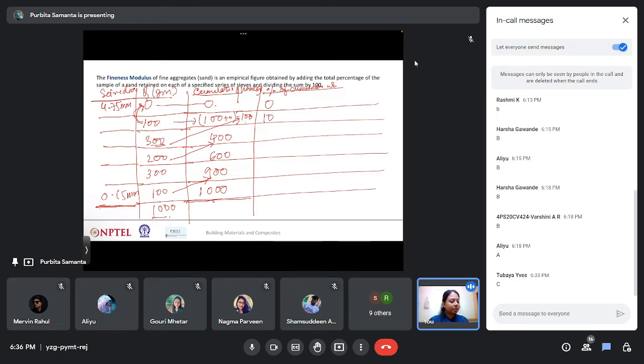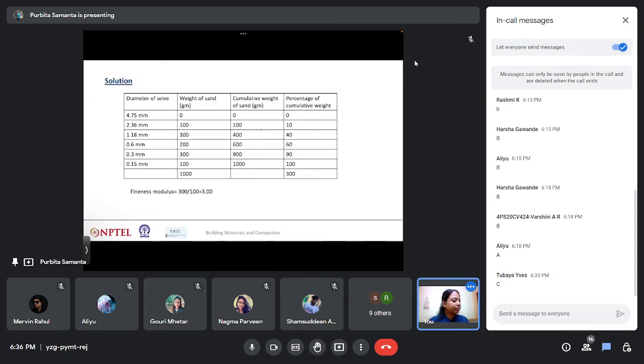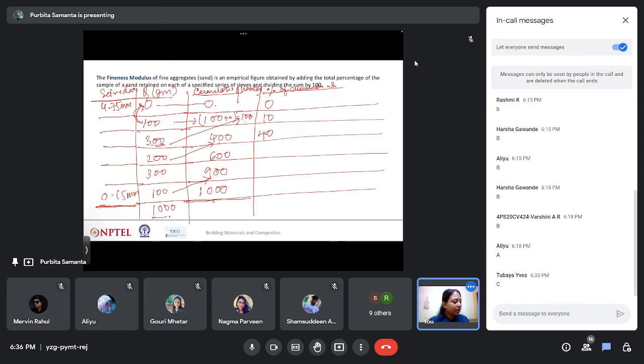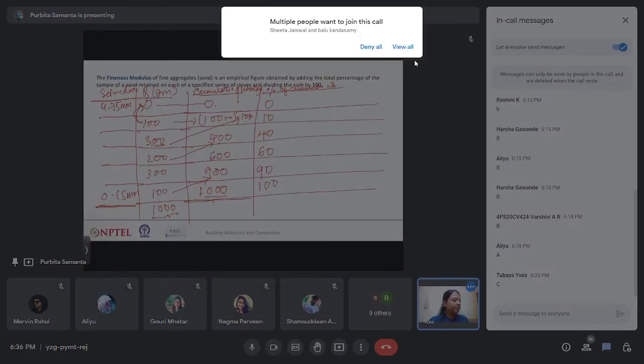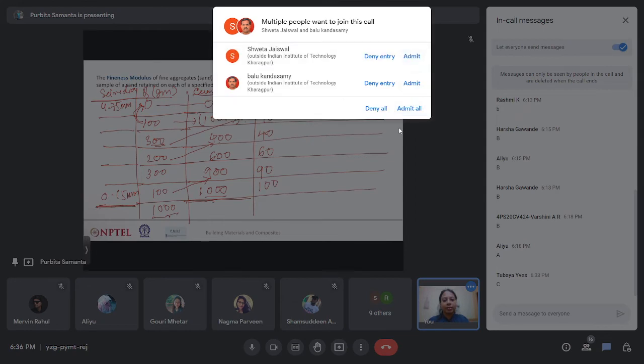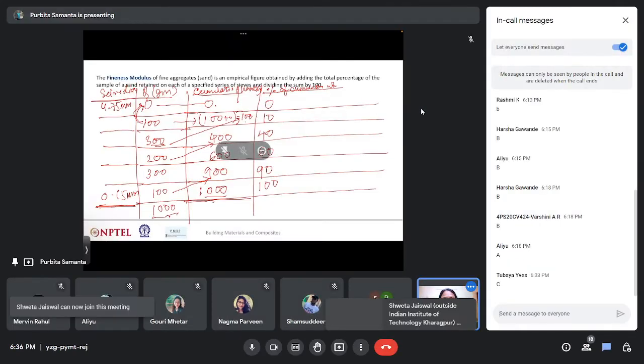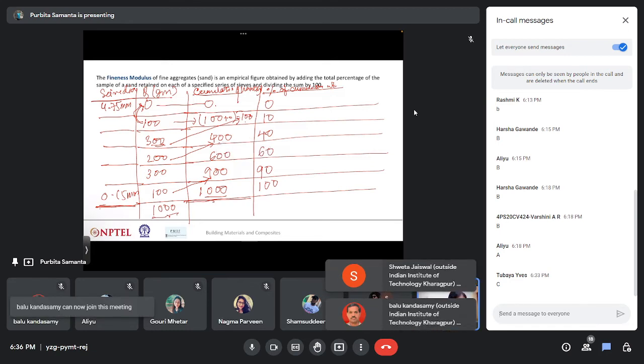It's obviously 10%. 400 grams of 1000 grams is 40%. Next we have 60%. Next we have 90%. And next 1000 of 1000 grams, that means we have 100%. And if we add all this, how much are we getting? 40, 50, this one is 300.